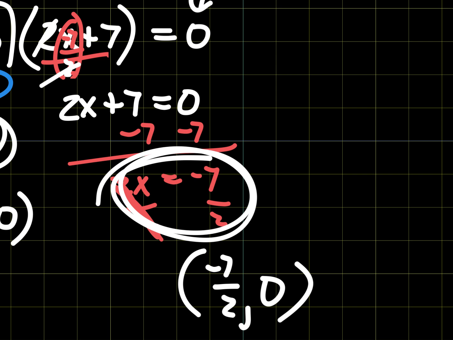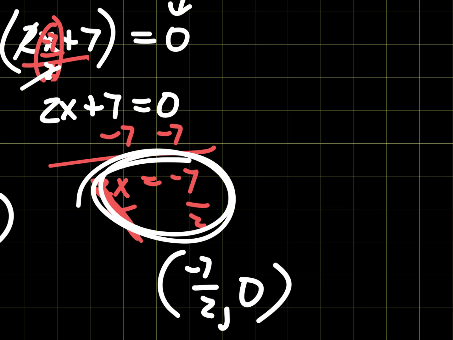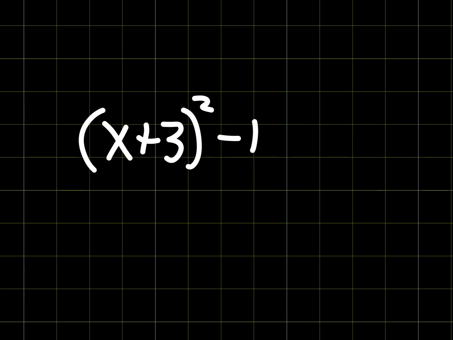That's almost everything. The last thing that I got to teach you is, if you have this, I know you're all going to know the vertex. We practiced that already. That'd be too easy. But could you multiply this thing all the way out and get standard form?